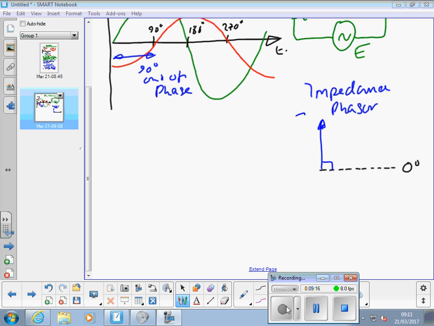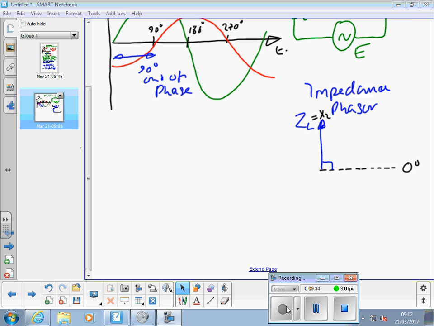Call that ZL, the impedance of the inductor. We can also say that is equal to XL, inductive reactance. Talk a bit more about that in a minute.